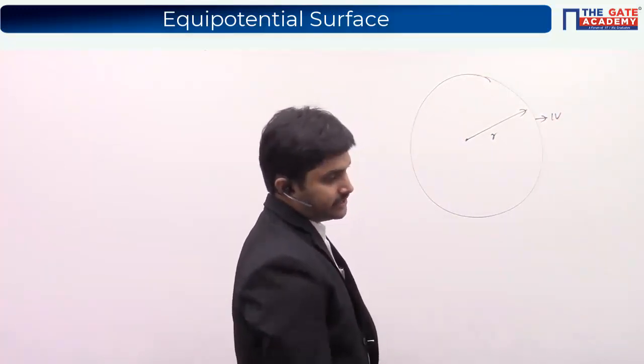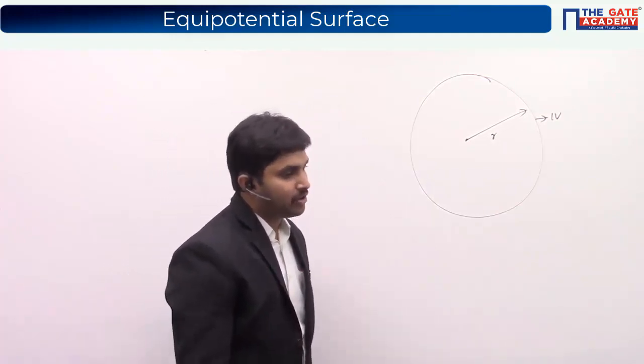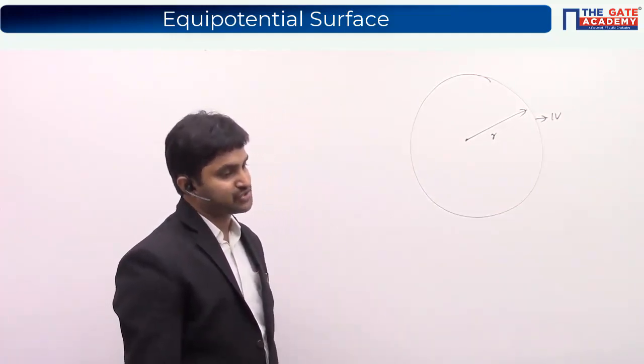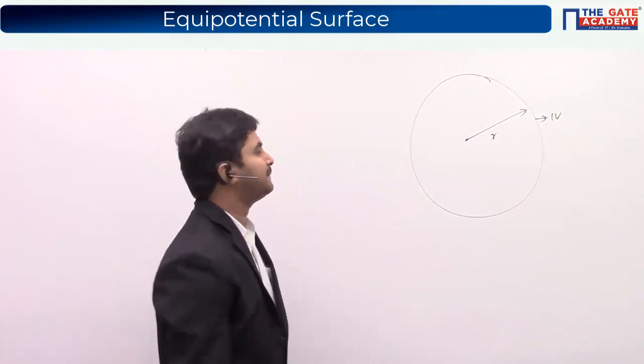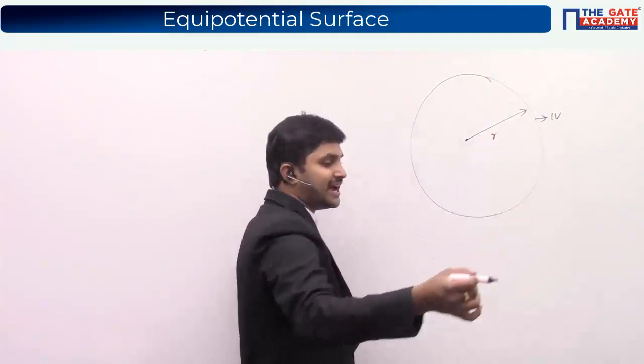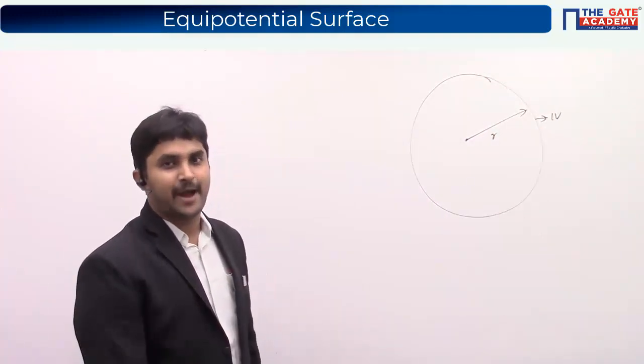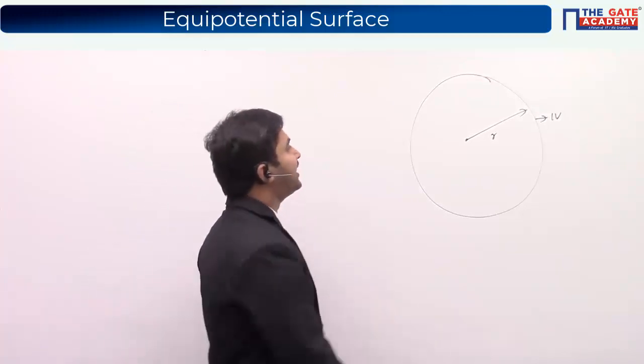Now the question is the total electric flux coming out of the concentric spherical surface of radius capital R. It is given that the capital R value is greater than that of small r.